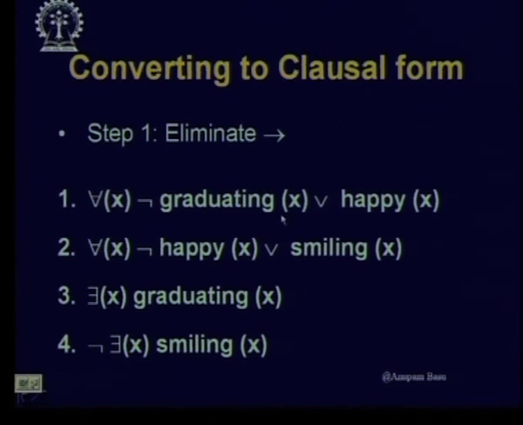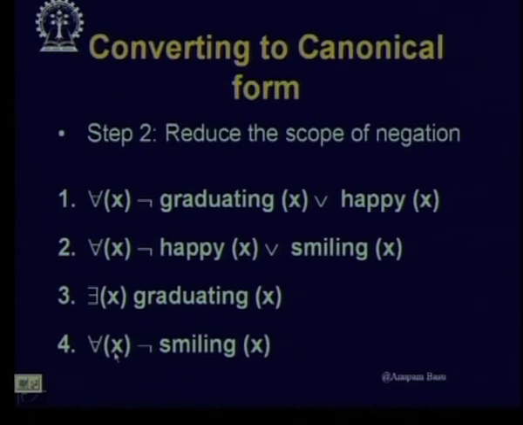And for this, the scope of this negation is over this entire thing, even over this quantifier. So, the scope of the negation is fine over here, I do not make any change here.